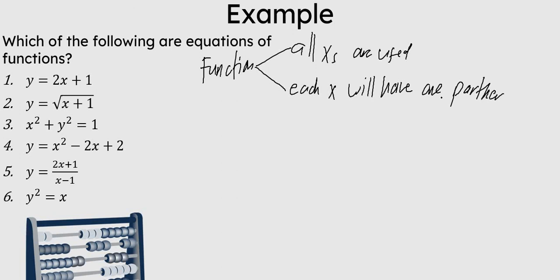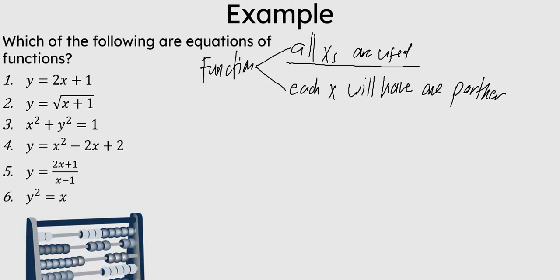However, in equations, "all x's are used" is a little bit vague because we don't even know which x's are here. Nonetheless, if we can put any value of x here, then that would be perfectly fine.